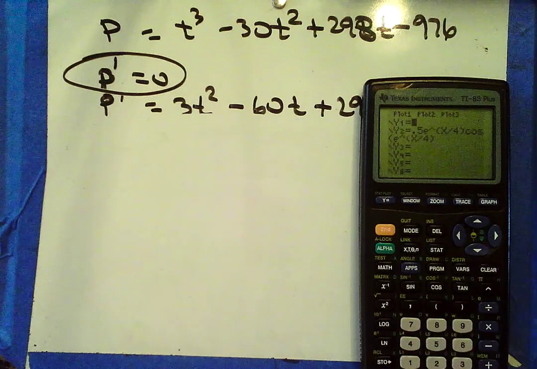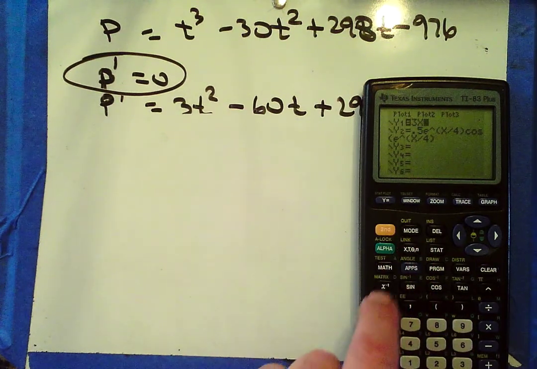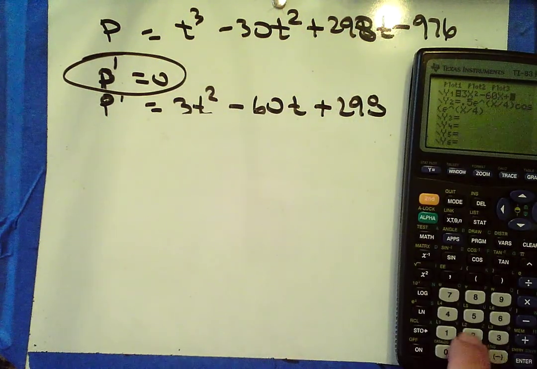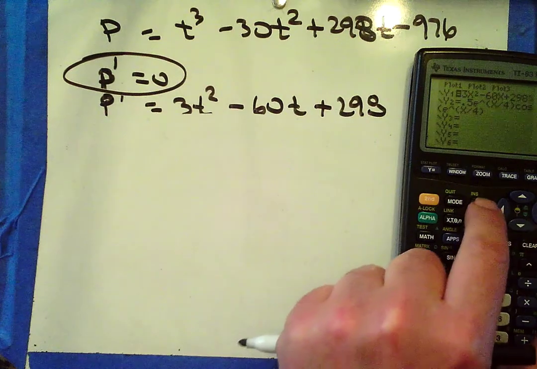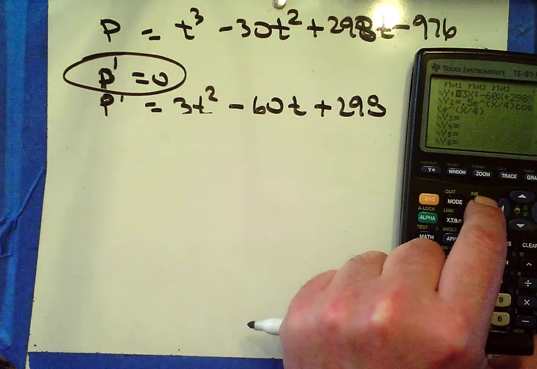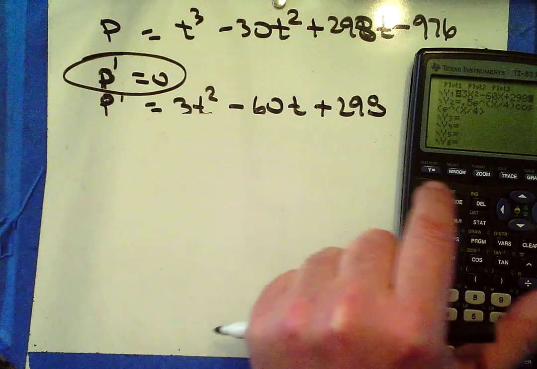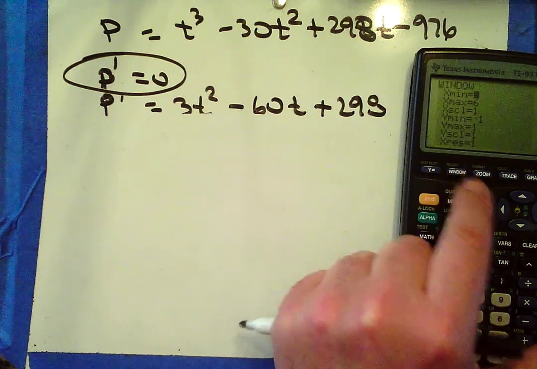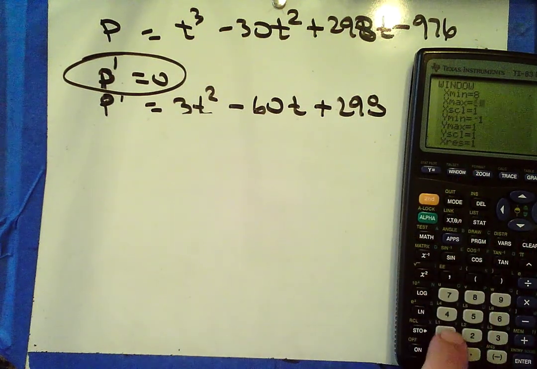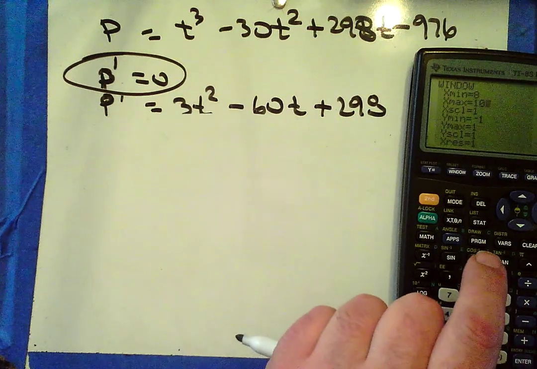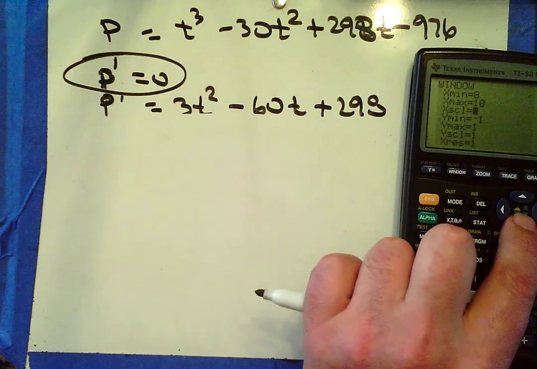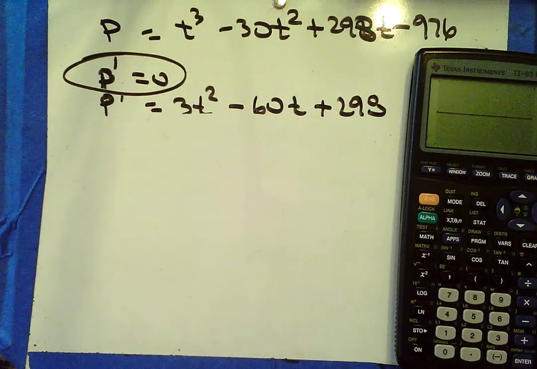So p prime is 3t squared minus 60t plus 298. Okay, and I'm graphing this on 8 to 12, and I'm looking for zeros, so graph.